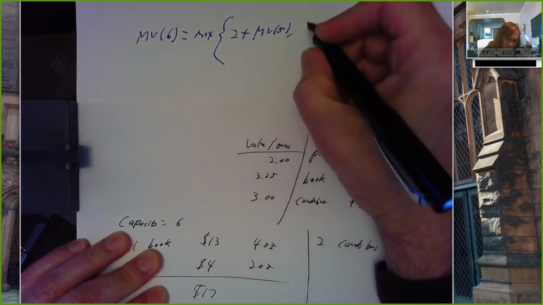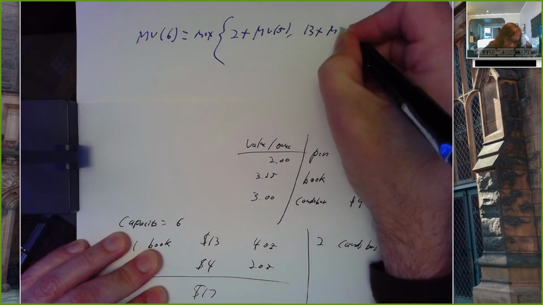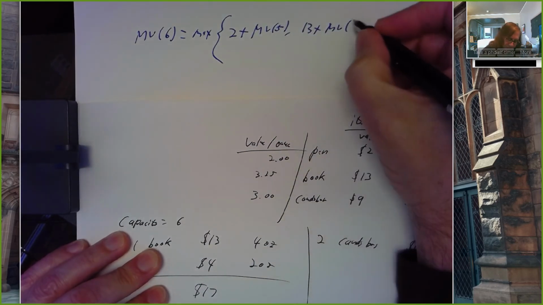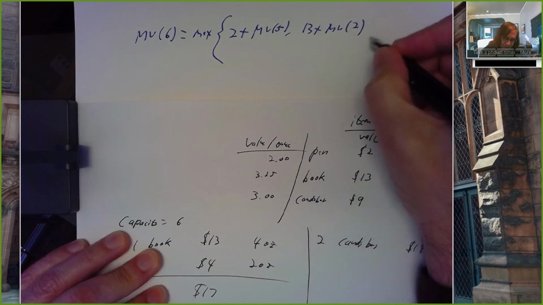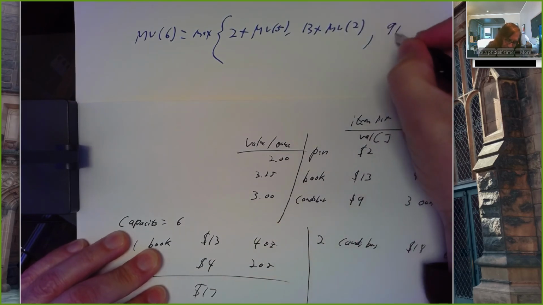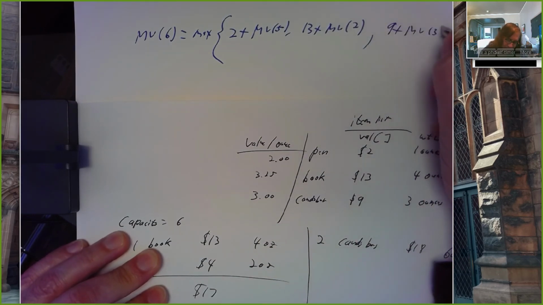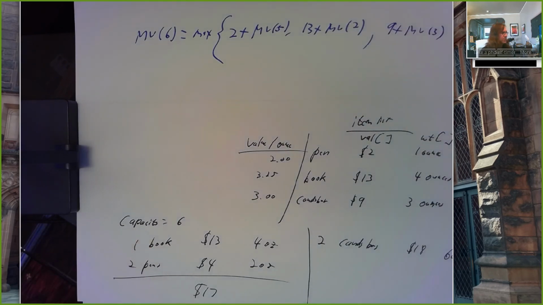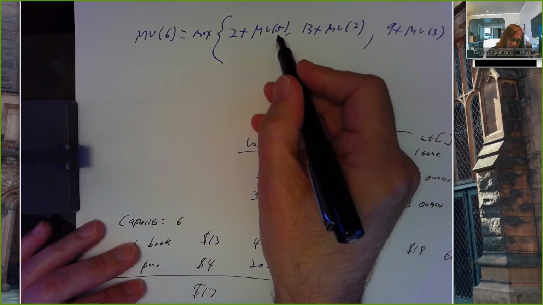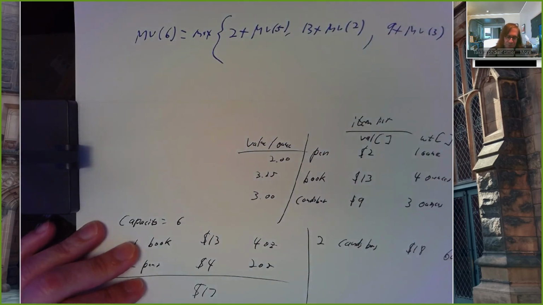If we start with a book, that's $13, and it weighs 4 ounces, so we're left with 2. And if we begin with a candy bar, that's $9, and it weighs 3 ounces, so we're left with a holding capacity of 3. And so when I call my max val function and ask for max val of 6, it's going to have to call max val for 5, 2, and 3.